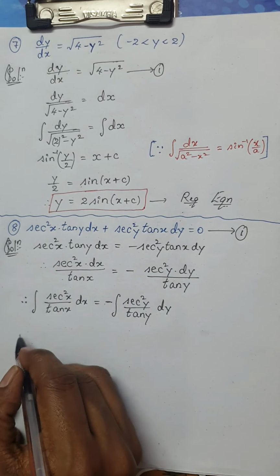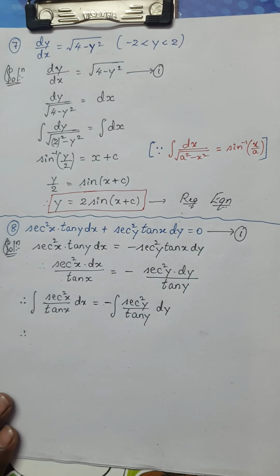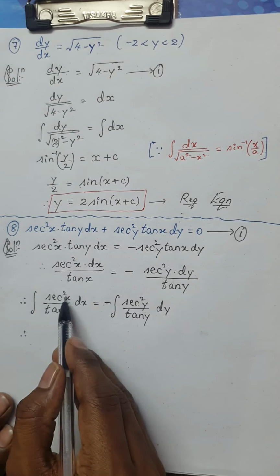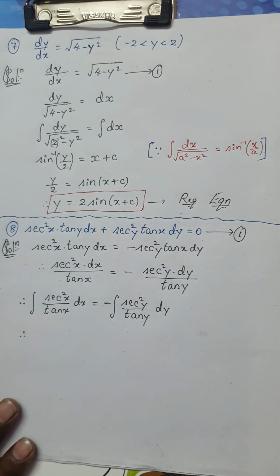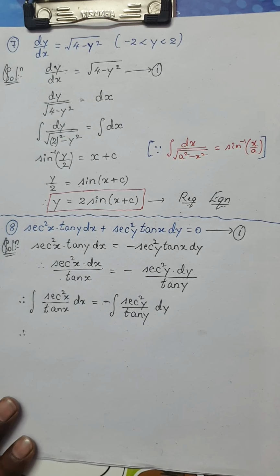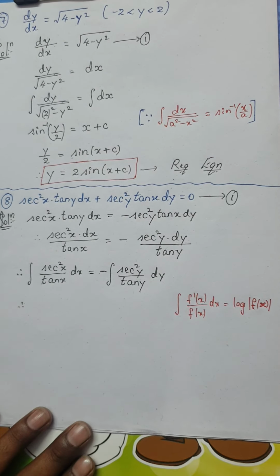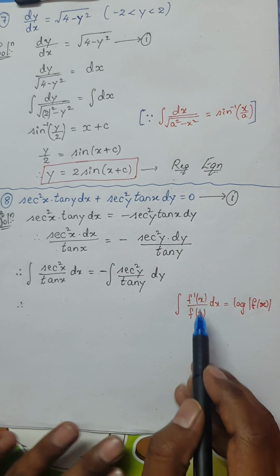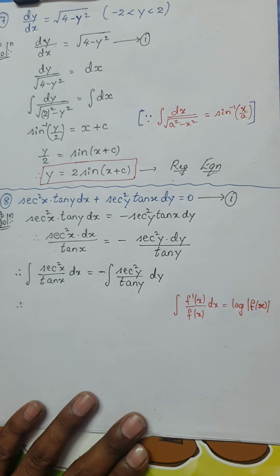Now you can look here, this is actually of the form integral of f dash of x divided by f of x. Any idea what that is? Integral of f dash by f of x dx is nothing but log of f of x plus c, which is the constant of integration.